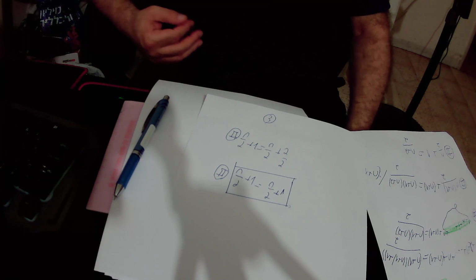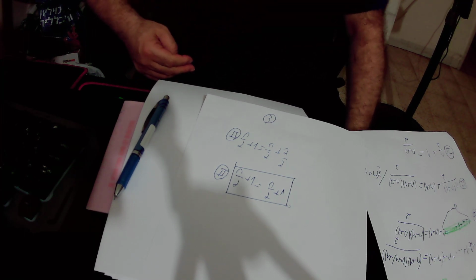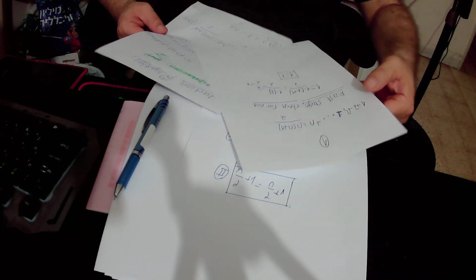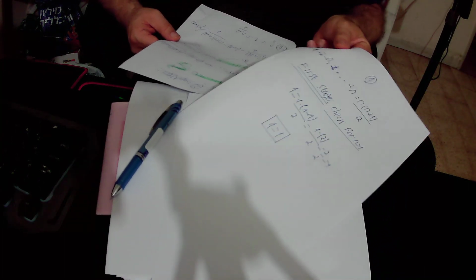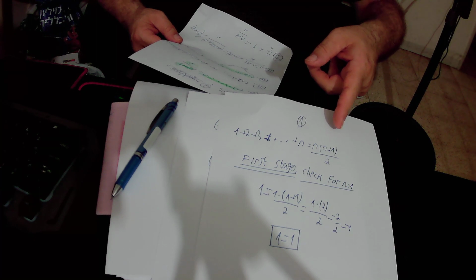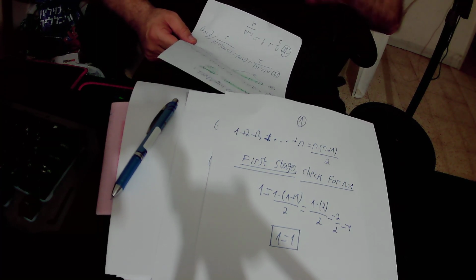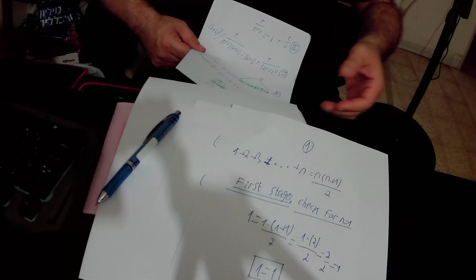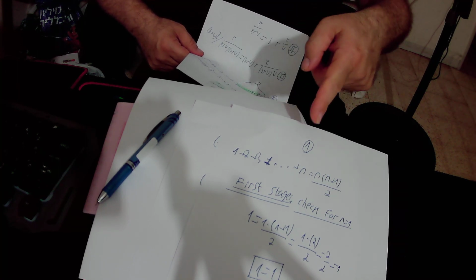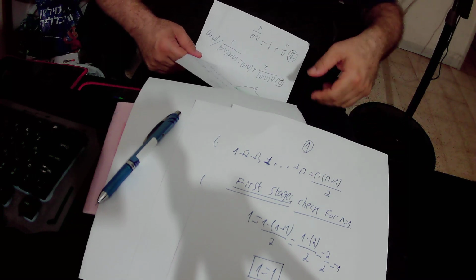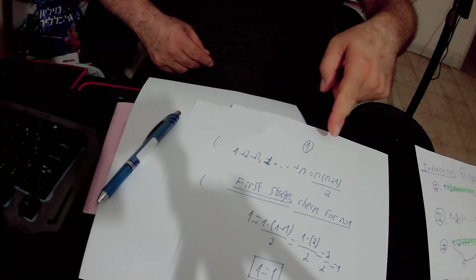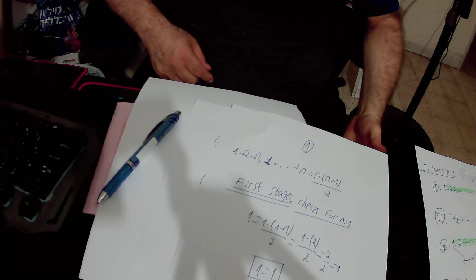And actually in this way we proved that the original statement, 1 plus 2 plus 3 plus ... plus n equals n times n plus 1 divided by 2, is true for all the natural numbers, because in the first step we verified that this statement is true for n equals 1, and in the second stage we verified that if this statement is true for n, it also must be true for n plus 1.